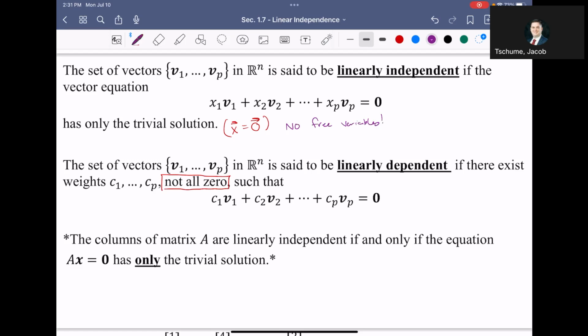So if you don't find any free variables, then it has the trivial solution only, and thus the vectors are linearly independent. And then you guessed it, linearly dependent goes the same idea. If there is a set of weights that exist, that means there are infinitely many of them because there must be one free variable at minimum.